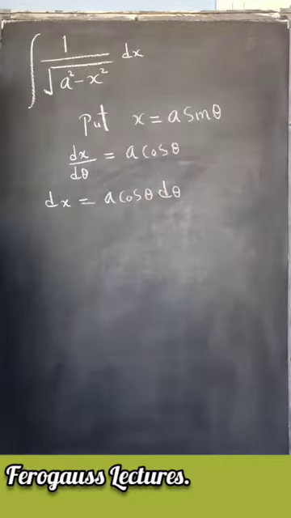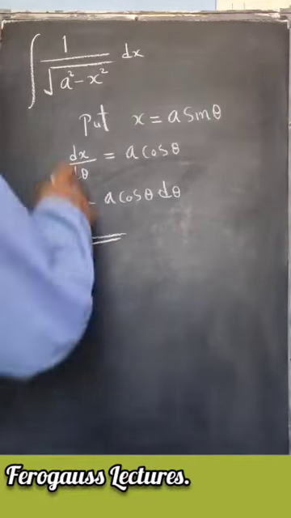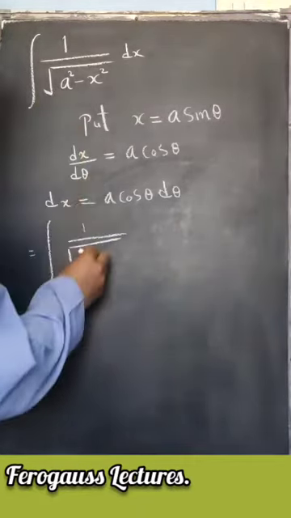Now substitute these in this integral, we get the integral of 1 by square root of a square minus, now instead of x we have a sine theta, so we write a square sine square theta. Now instead of dx we have a cosine theta d theta.